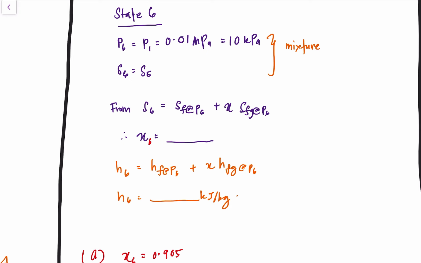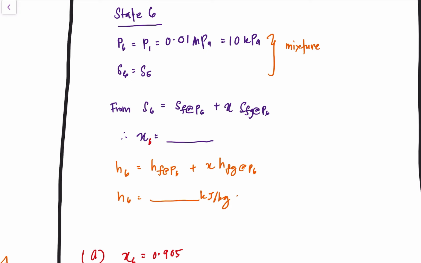Alright, so please note that the question only gives you the isentropic efficiency for the high pressure turbine, but state 6 is actually leaving your low pressure turbine.